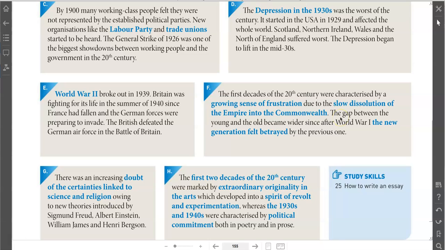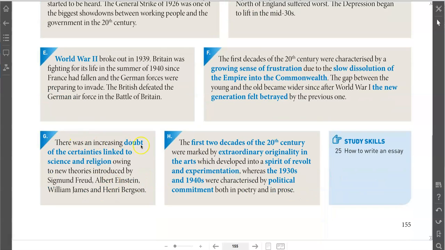A big gap was created between the young and the old, and this gap became wider after World War I, because the new generation felt really betrayed by the previous generation. For this reason, there was this gap between the young and the old.